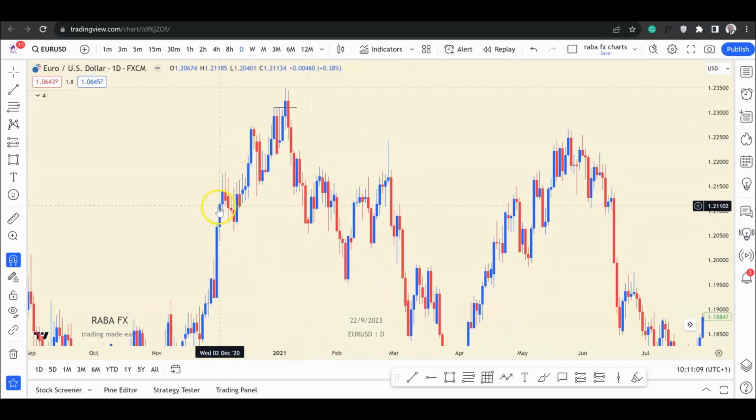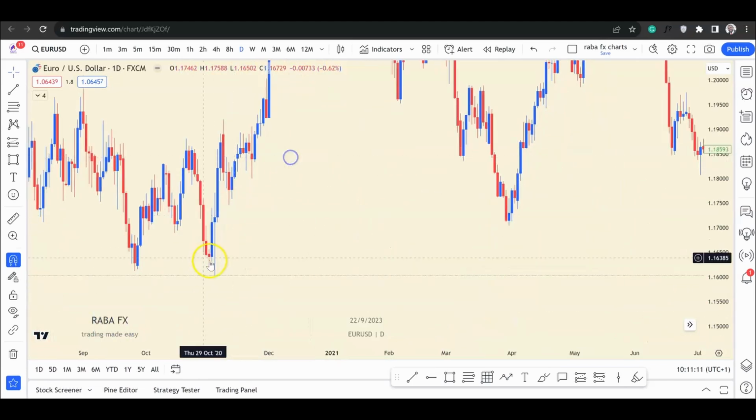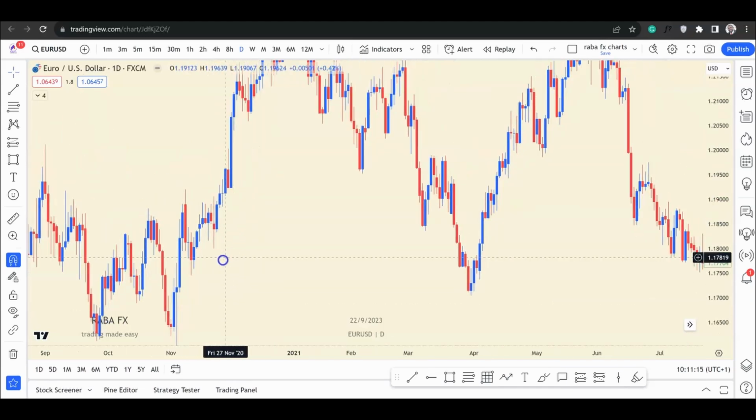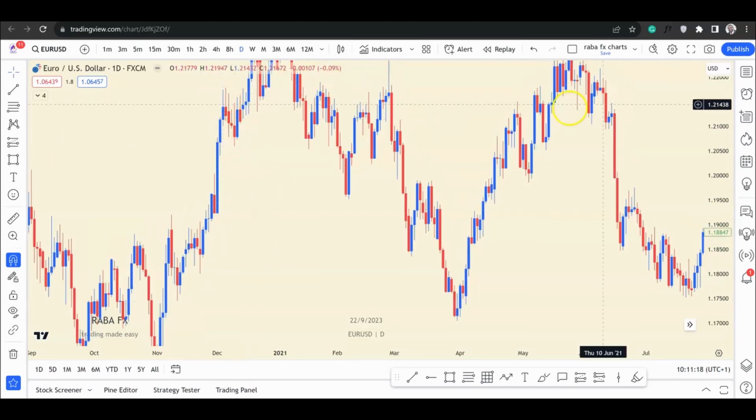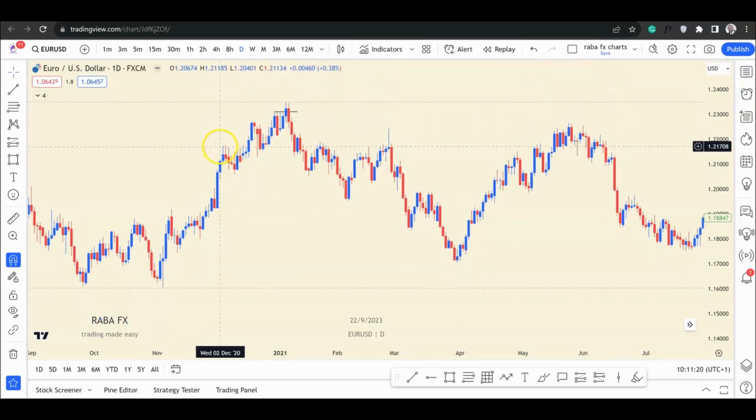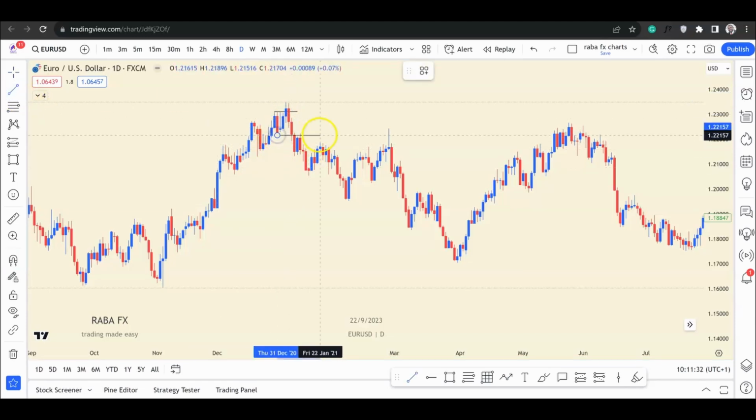Okay, we have a low, a high, a higher low, breaking this, higher high, pullback, higher low, higher high, higher low, higher high, higher low, higher high. Now, when this gets broken, okay, this is an early indication that we might reverse. So you can start looking for trades here.